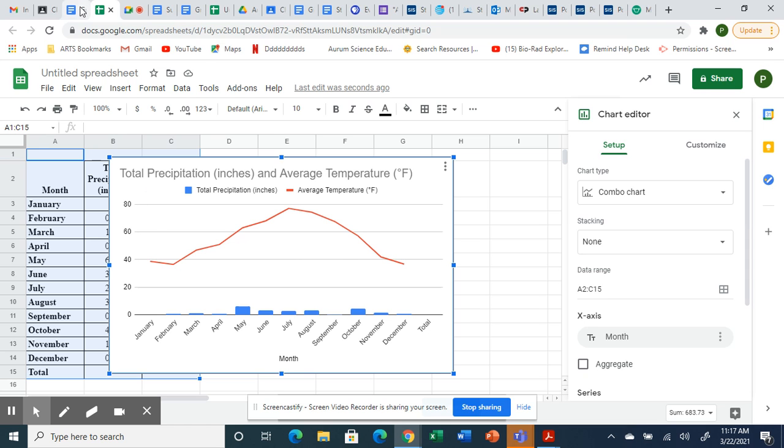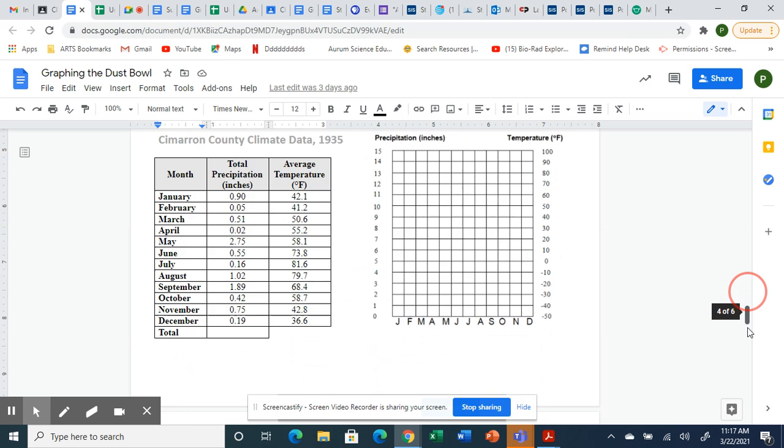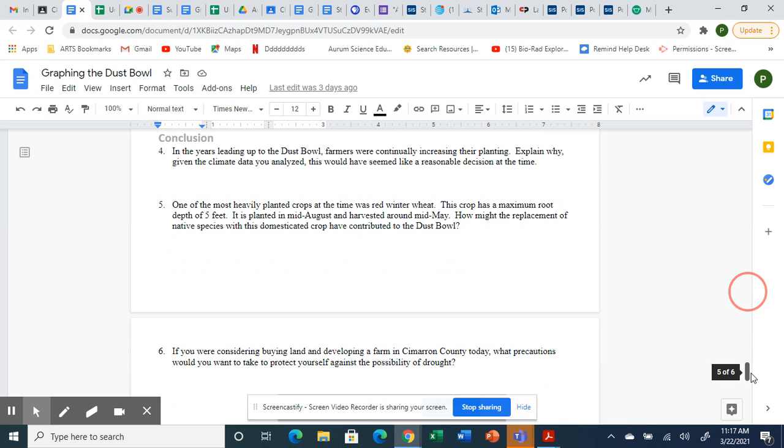So back to the form. We were down to the last 3 questions in the conclusion. In the years leading up to the Dust Bowl, farmers were continually increasing their planting.